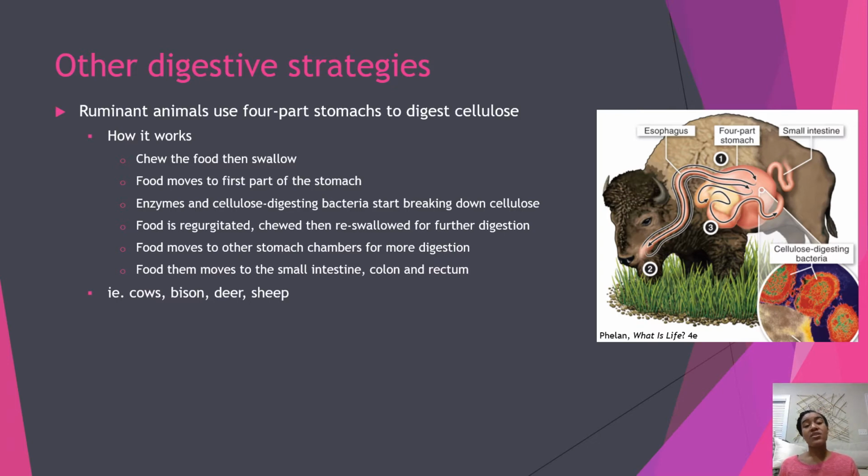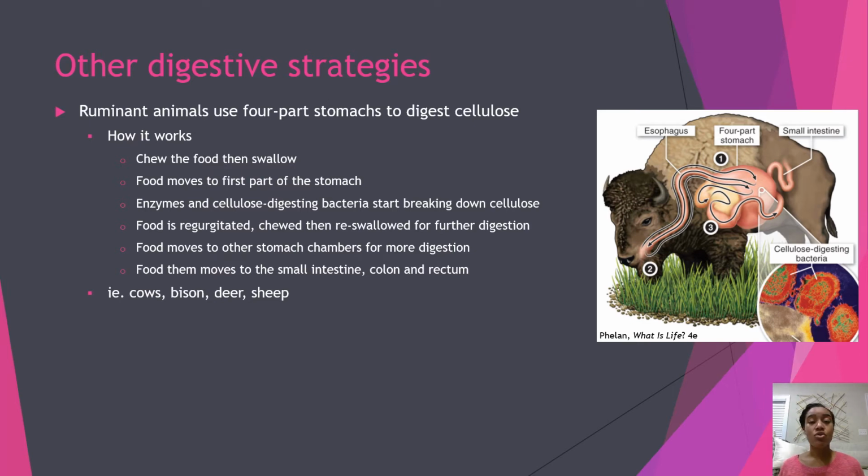So once that chewed up grass gets into that first part of the stomach, those bacteria and enzymes start to break down the cellulose. And then after some time has passed and some of that cellulose is broken down, the animal will regurgitate the food from that first part of their stomach back out of their esophagus into their mouth and further chew that food.